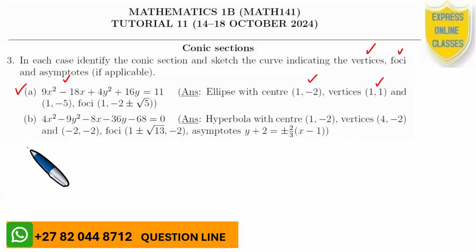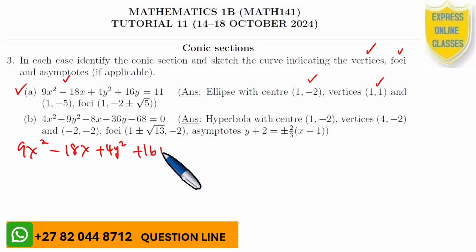We're doing A. So we have exactly 9x squared minus 18x plus 4y squared plus 16y, which is equal to 11. Right.